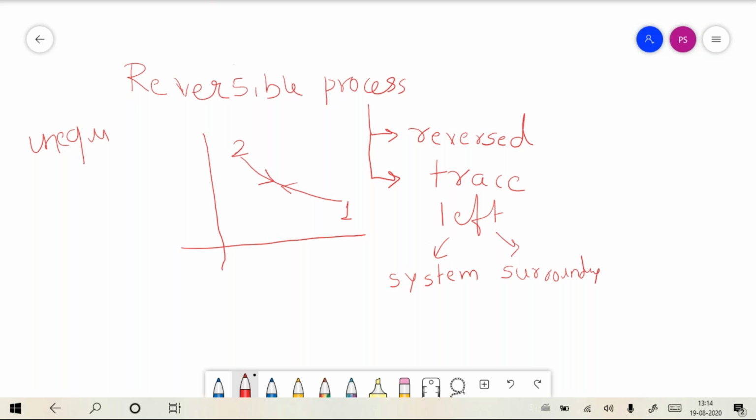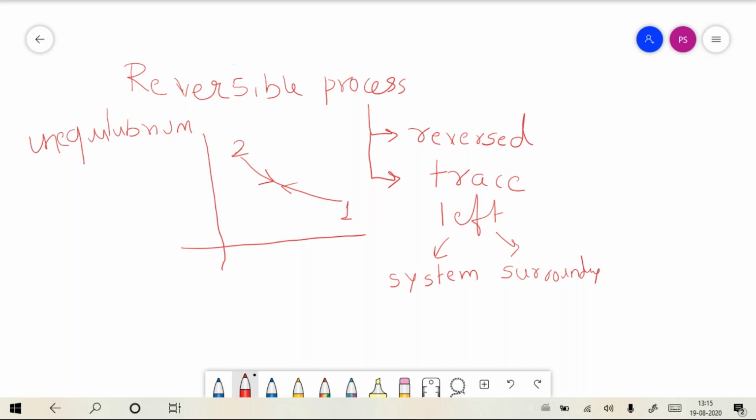This concept you have learned, right? The disequilibrium could be because of temperature difference, and then it is called a thermal disequilibrium, or the disequilibrium could be because of the pressure difference.